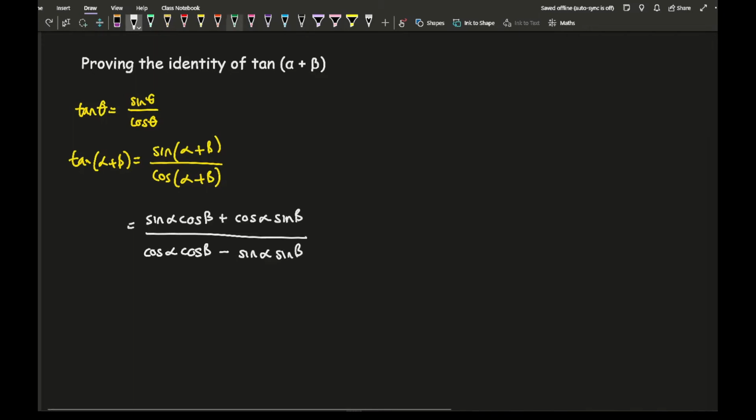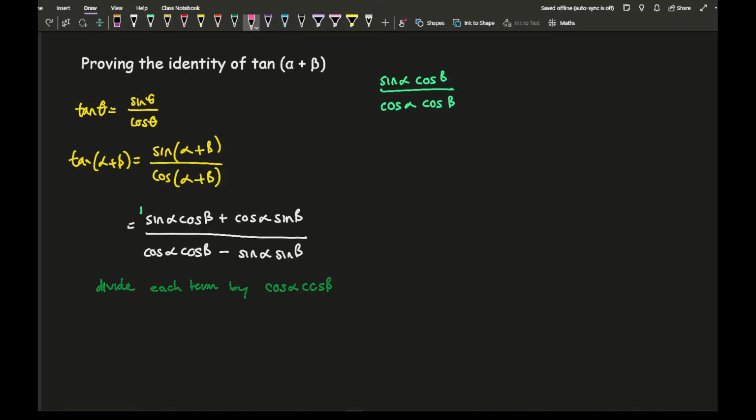Now from this, what we're going to do is divide each term by cos alpha cos beta. If I label this as number 1, then for number 1 what we're going to get is sine alpha cos beta over cos alpha cos beta.